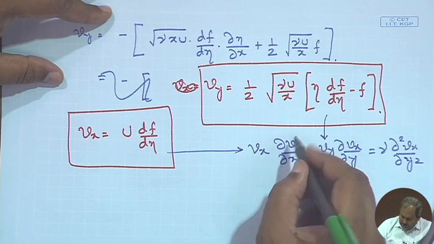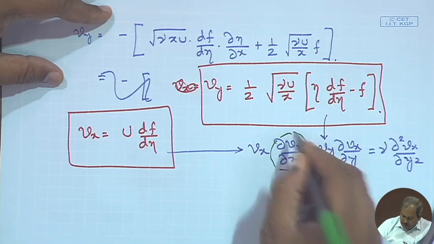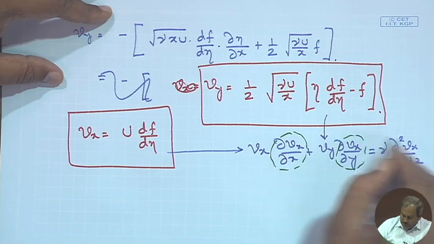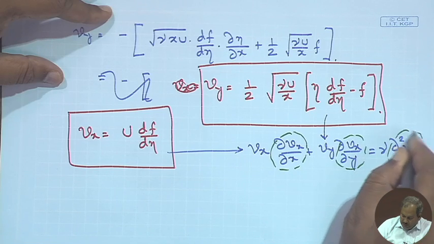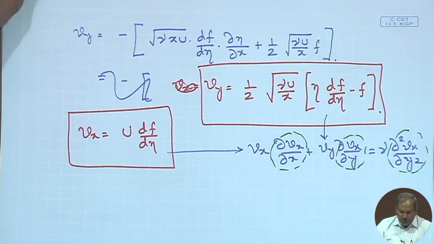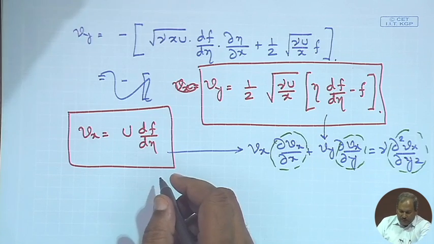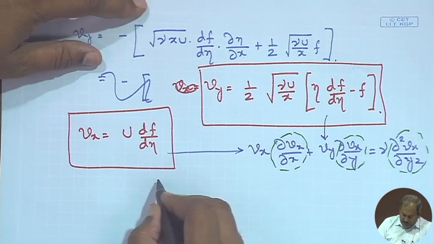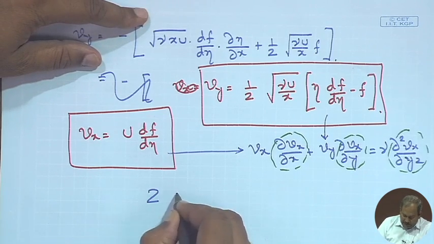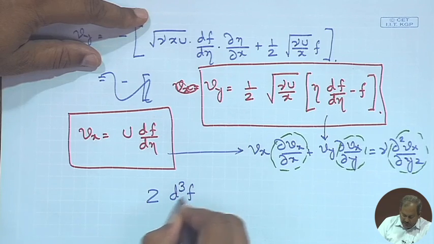The remaining terms can also be evaluated, which I am not showing here, but it's given in the textbook. So I'll leave that out, and what it would result in is this as my governing equation.